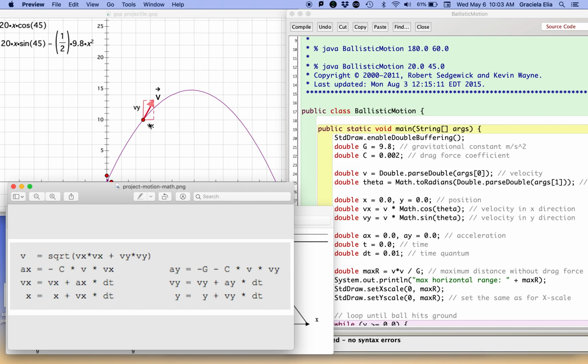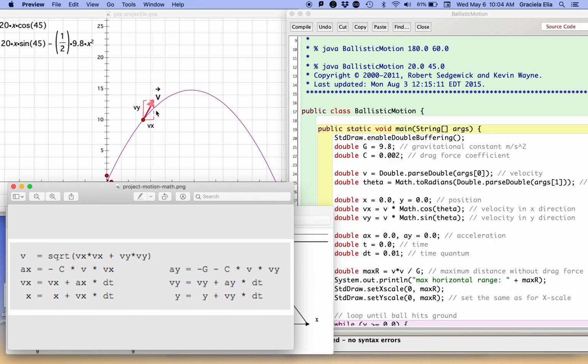Again, the point of this vector will always depend on the x and y coordinates. The length of it, the magnitude, the absolute value of the vector, is given by applying the, what is that called? You all know it, the Pythagorean Theorem, in which it will be vx squared plus vy squared. That will give you the distance squared.